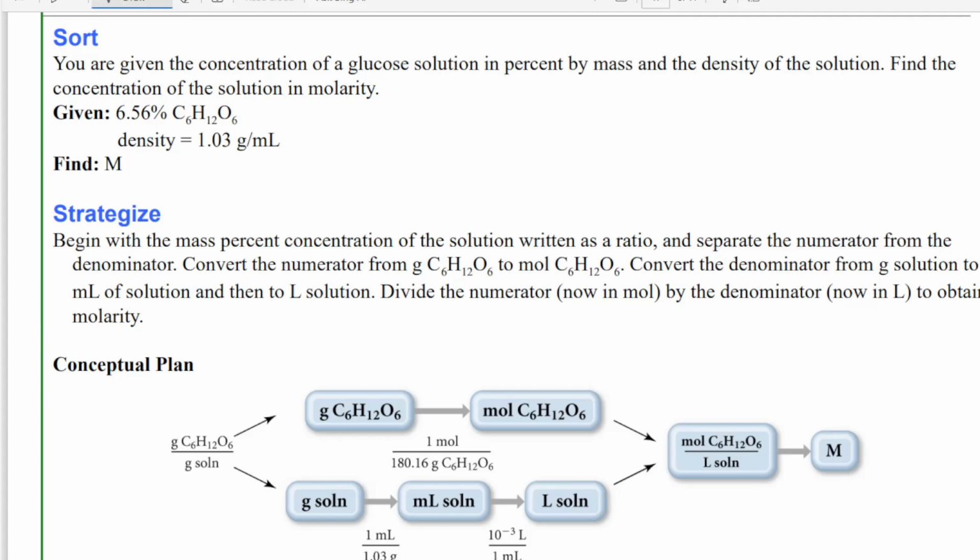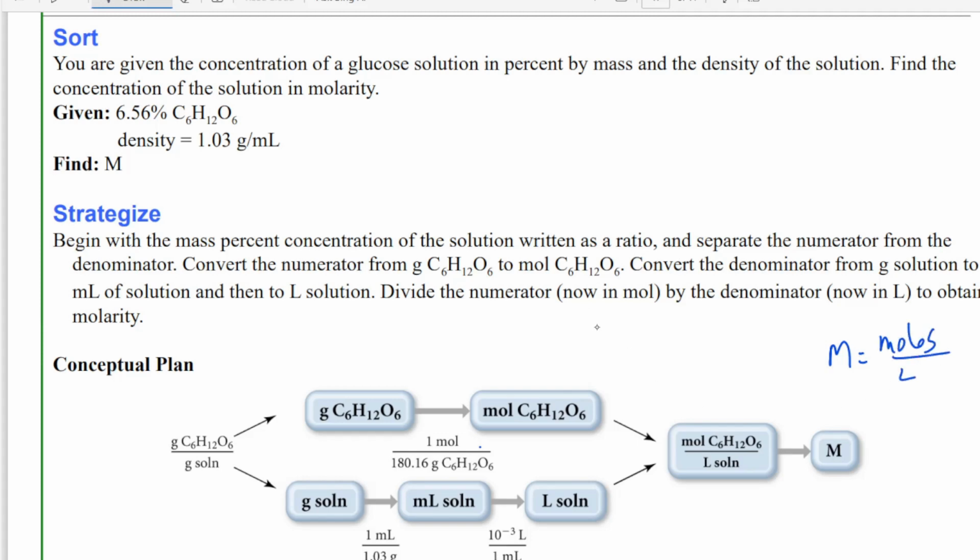So we're going to convert the grams of glucose to moles of glucose using the molecular weight for glucose. Then we'll convert grams of solution to milliliters of solution using the density, then milliliters to liters, because what we need here is molarity, and molarity is moles per liter.